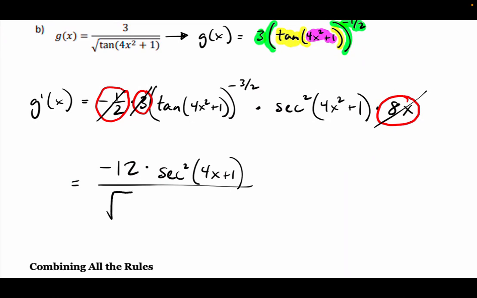The square root of tangent. Supposed to be negative 12x? Yeah, sorry, I forgot the x. Let's see, 4x squared plus 1, and then this stuff on the inside is to the third power, because that's what the 3 means. The 3 means cubed, the bottom means square root. And you're done.